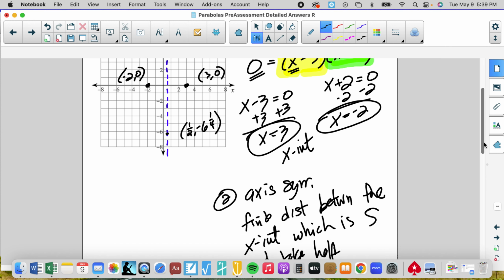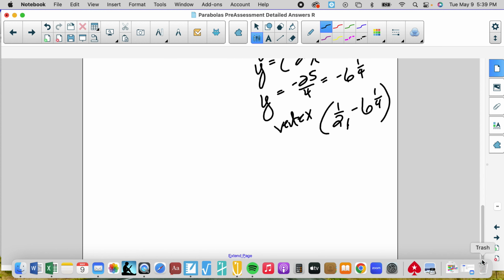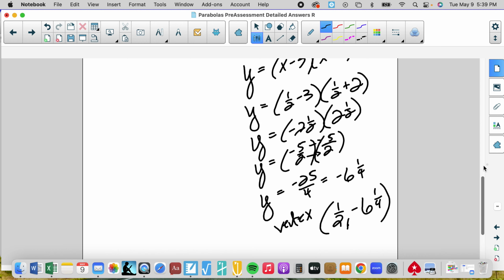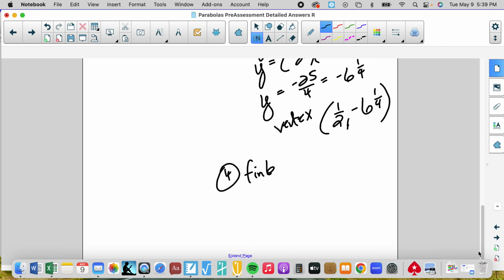Now here's the nice thing: finding the y-intercept. I need you to find the y-intercept. So when we're in intercept form, I need the vertex, I need 1 or 2 x-intercepts, and I need the y-intercept. So to find the y-intercept, I'm going to plug in 0 for x.